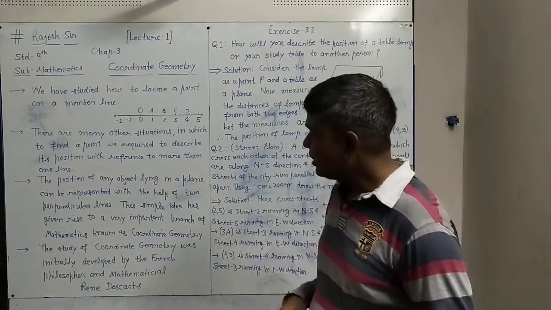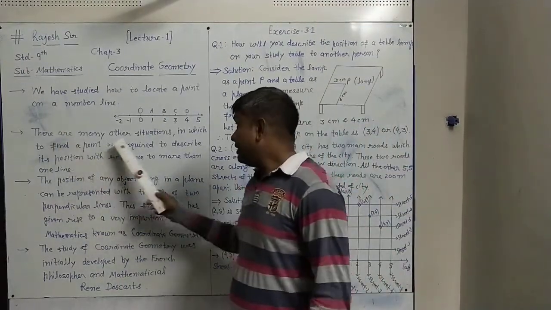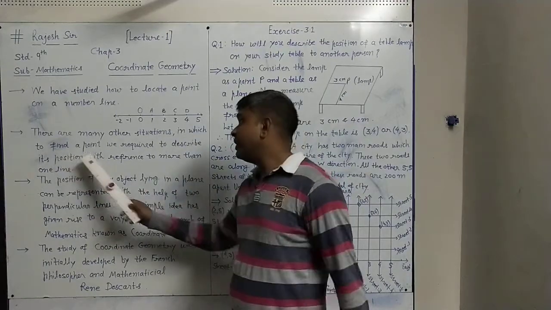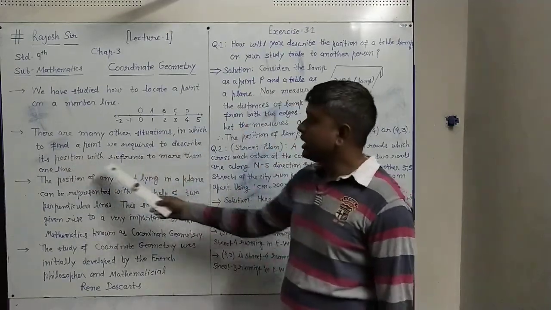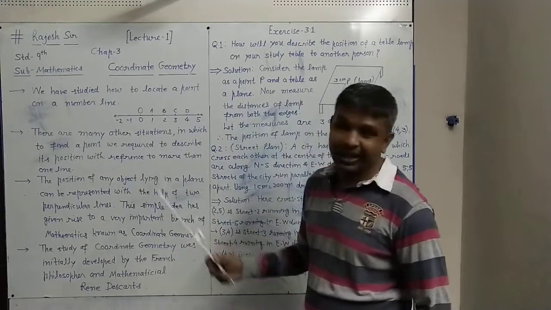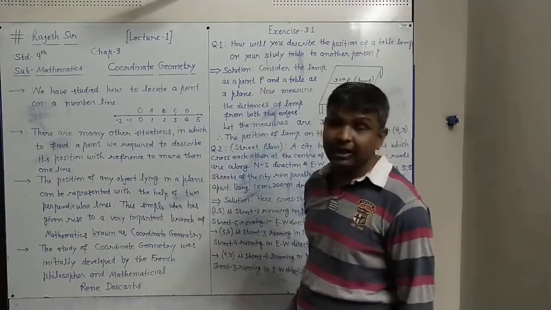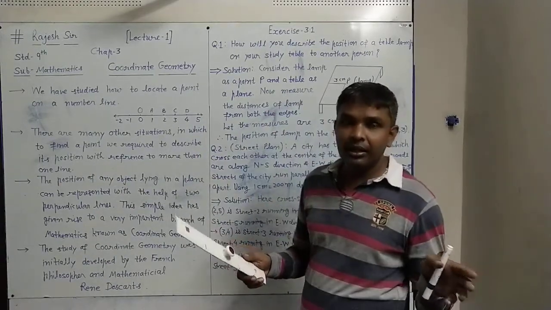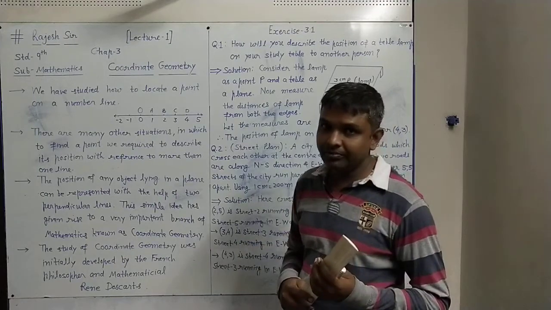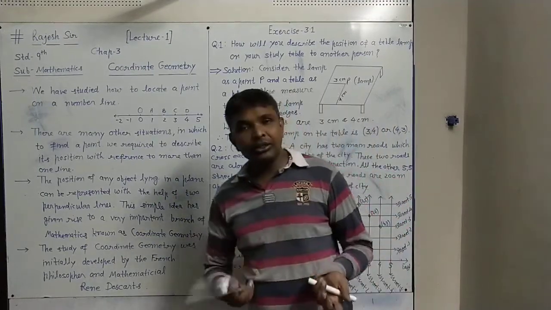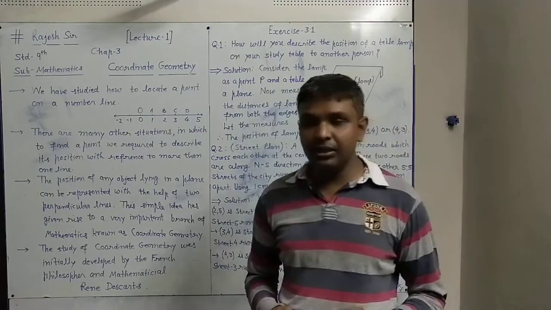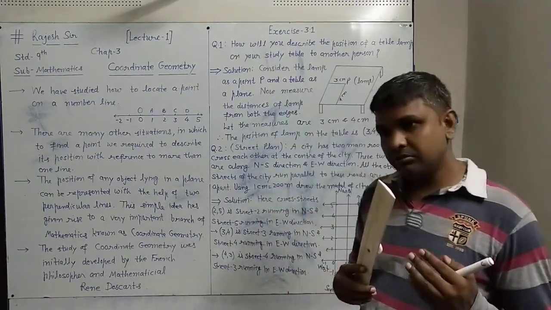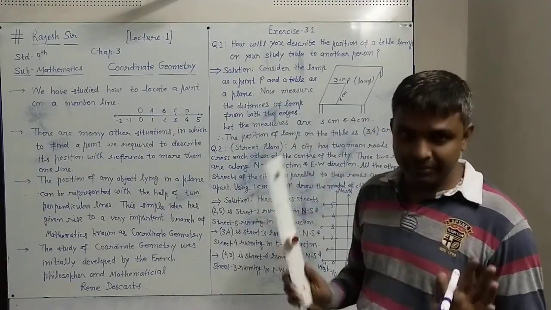But there are many other situations in which, to find a point, we need to describe its position with reference to more than one line. In a number line only one line is there, but it is not always useful that the point will be located on one line only.